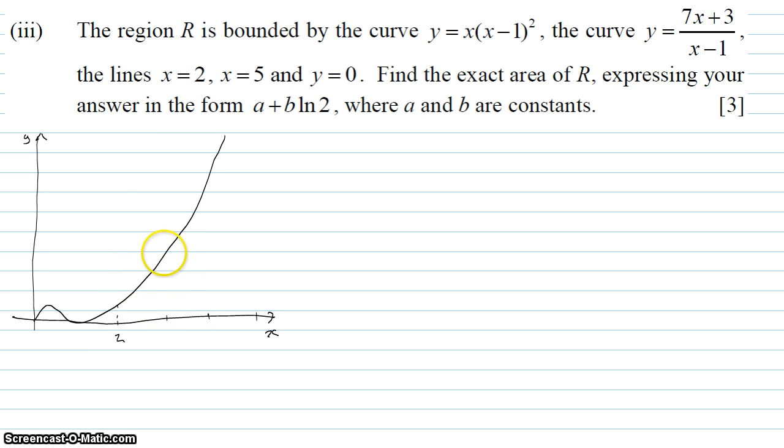And I know that they intersect here, and this curve is coming down like this. This is the curve of y equals (x minus 1) squared. This is the curve of y equals (7x plus 3) over (x minus 1).